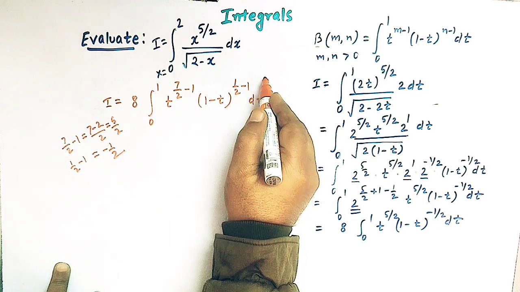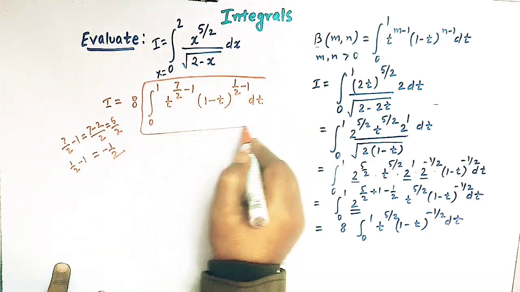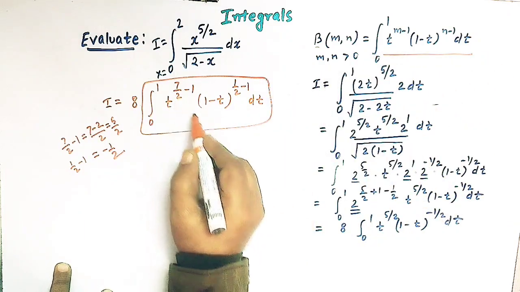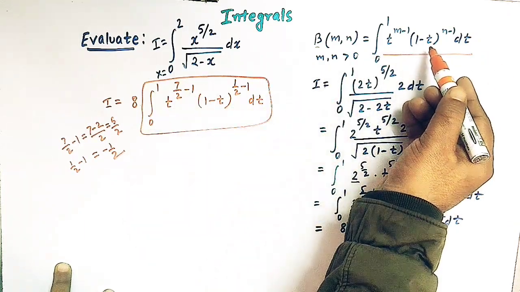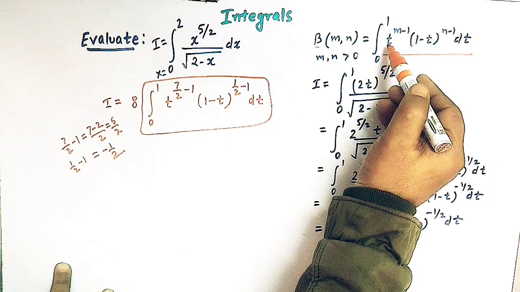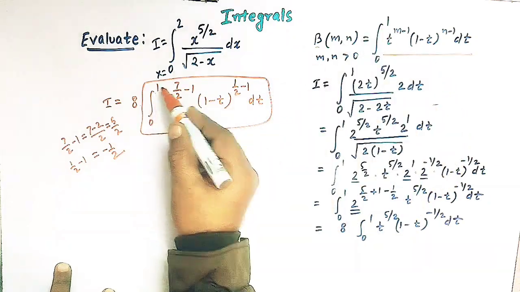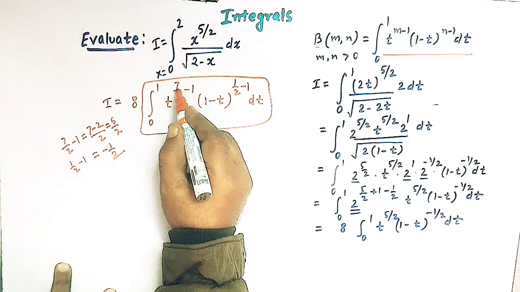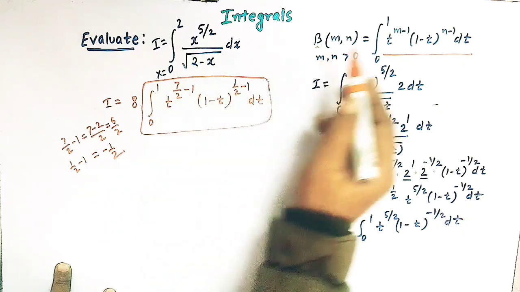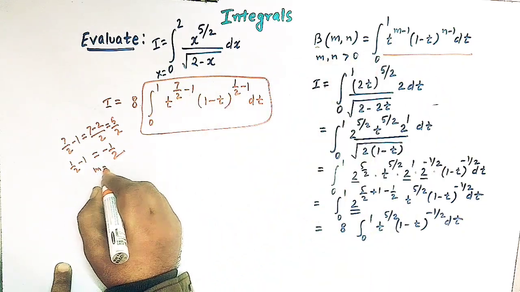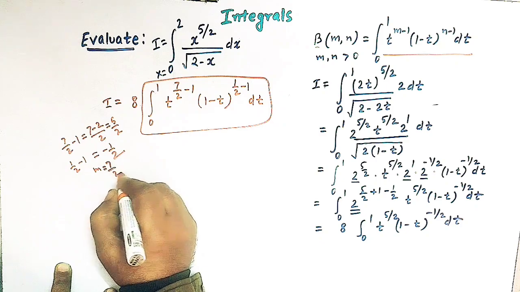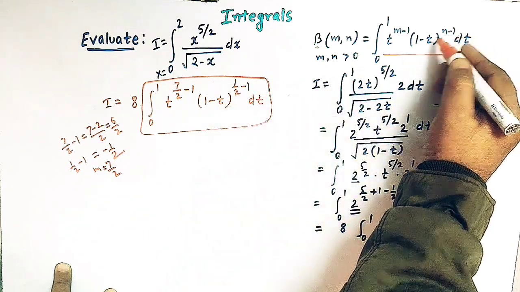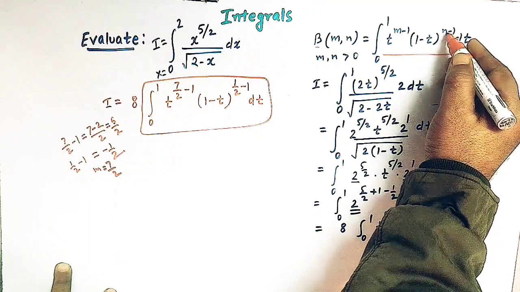So now we can see that this integral is similar to this one, right? If we compare this integral with this one, here we have 0 to 1, 0 to 1, and t raised to m minus 1. So here we have t raised to 7 over 2 minus 1. Comparing, m is equal to 7 over 2, and here we have (1 minus t) raised to half minus 1, so we have (1 minus t) raised to n minus 1.